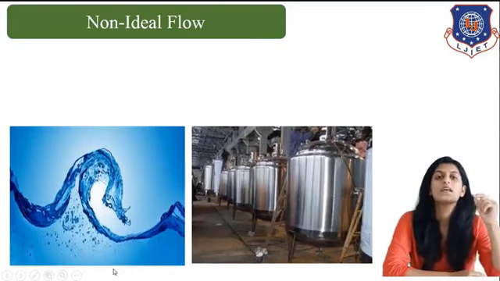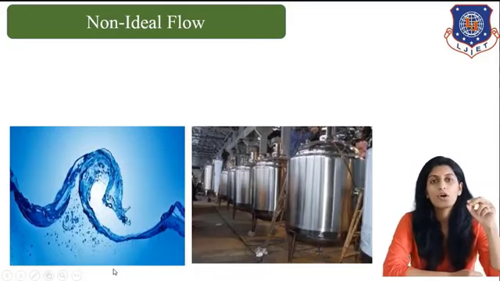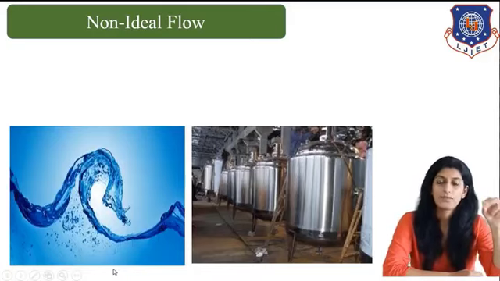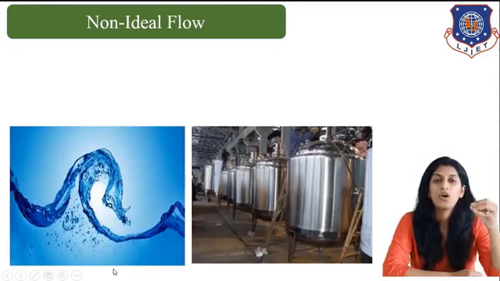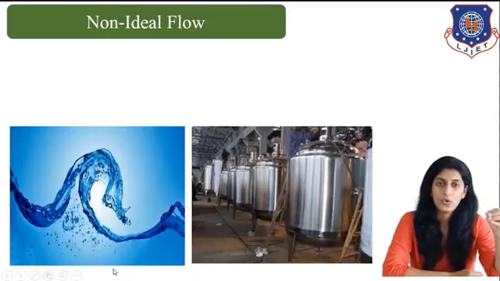We have seen the batch reactor, plug flow reactor, and CSTR, the continuous stirred tank reactor, also known as the mixed flow reactor. We did its derivation and determined the performance equation, but all was done on the basis of ideal conditions only.